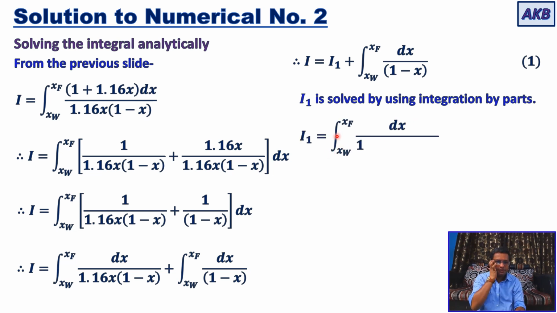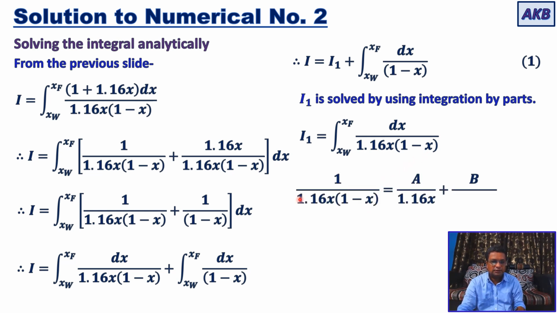So I1 is the integral from xw to xf dx upon 1.16x into 1 minus x. Now let us simplify this term, 1 upon 1.16x into 1 minus x. I'll have two parts for this. You must know how to solve it by partial fractions.